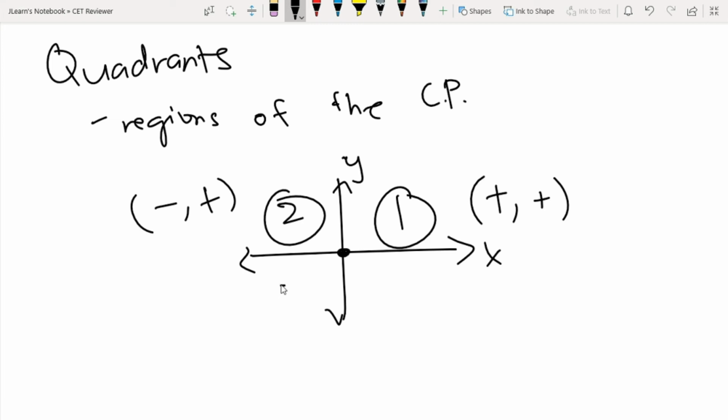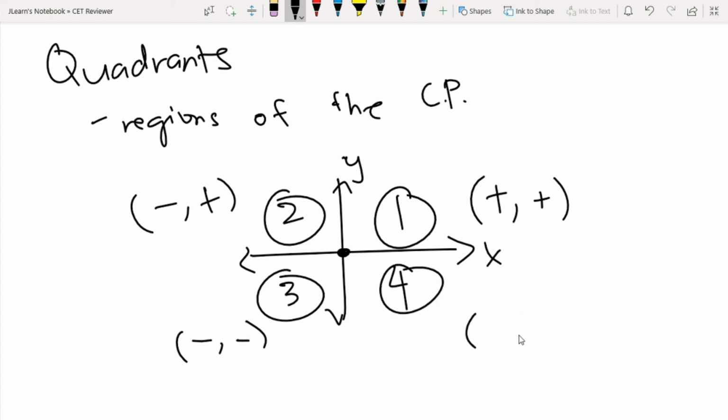Dito naman sa third region, lahat ng values ng x ay negative and lahat din ng values ng y ay negative. And dito sa fourth region, lahat ng values ng x ay positive and lahat ng values ng y ay negative.